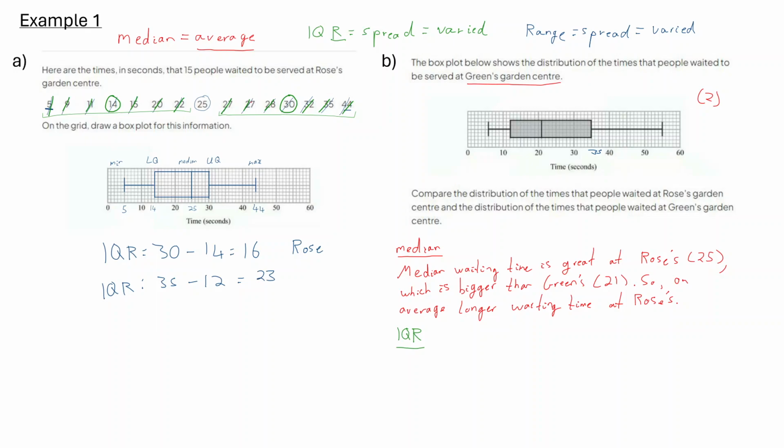Okay, so what are we saying here? We are saying that because this time the interquartile range, the spread, is lower at the Rose's Garden Centre than at Greens, the waiting times are less varied.